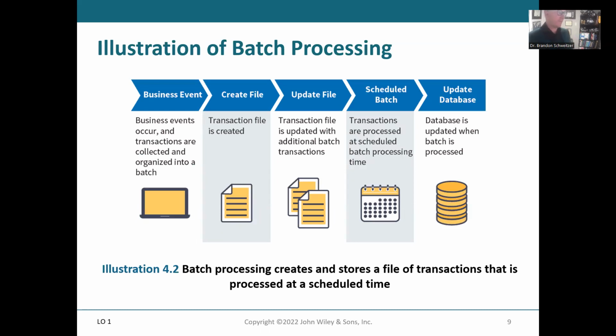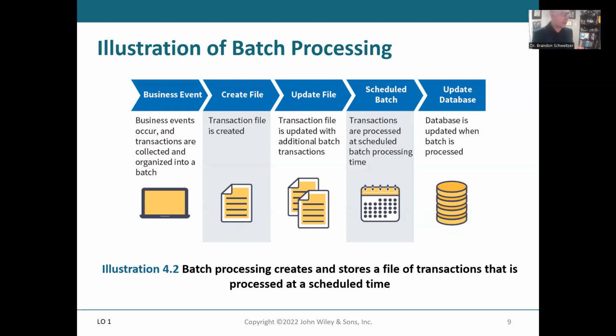This flow chart, if you will, really puts batch processing into perspective. We see the transaction. There's a record of the transaction that gets created. There's an update adding that transaction to the batch. Then we schedule the batch for processing, usually at 11:59 p.m. that day.